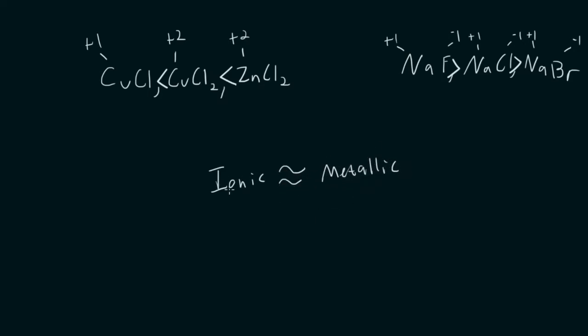So if you see ionic compared to metallic, you're going to say that their melting points, their forces, are going to be close. And then you're going to be able to rank the ionic compounds based on what we just described. And then what we're also going to see is these are going to be fairly close to covalent network solids, okay? And covalent network solids, we will specifically identify them. There's not a clean way to figure that out when you just look at the chemical formula.